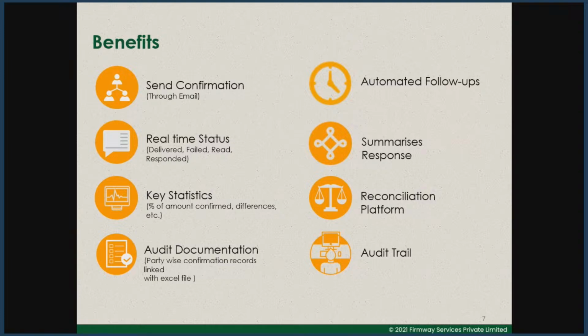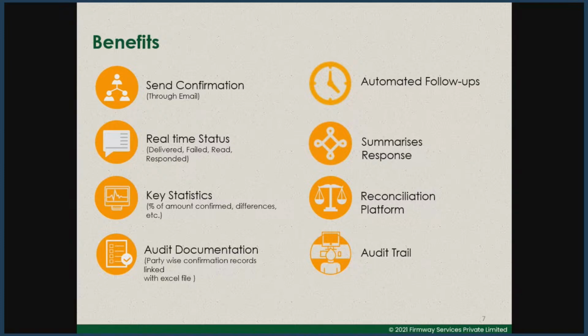Further, Firmway will help you give the key statistics in the amount, percentage, differences, etc. Further, when responses are not received, we have automated follow-ups. You get the summary of the responses. Also, the audit document trail can be saved. Further, when the party is responding and in case they have any concerns or differences, they can perform the reconciliation on the platform itself while responding.